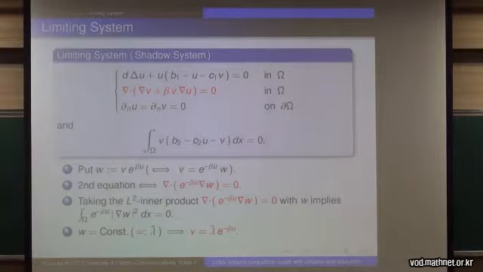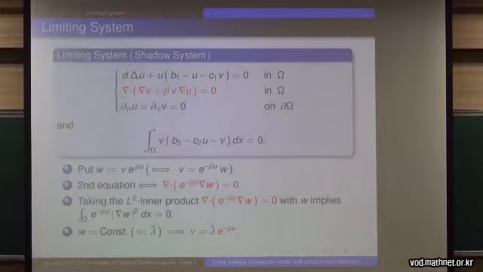Here, this exponential term is positive, so we can say that w must be a constant. Okay? So set this constant lambda tilde.